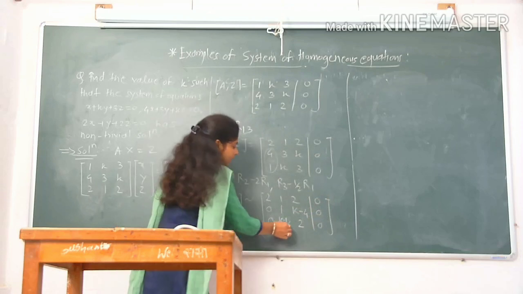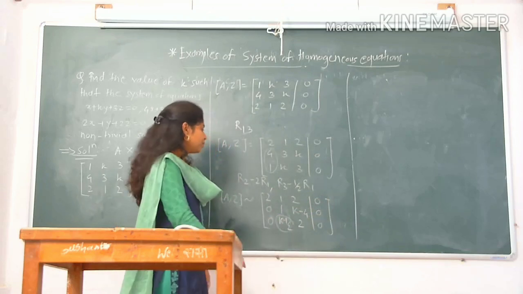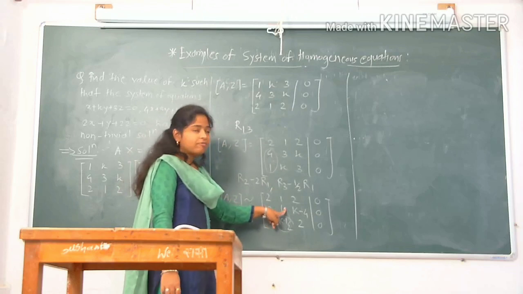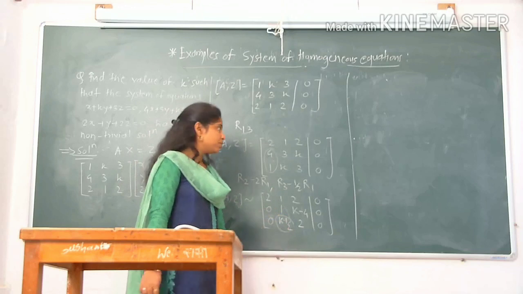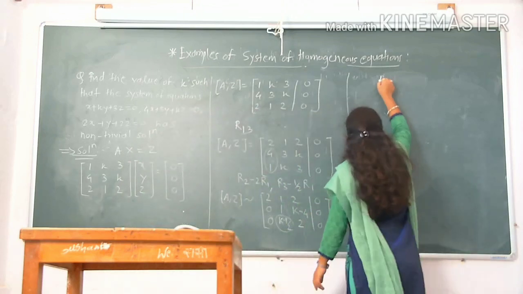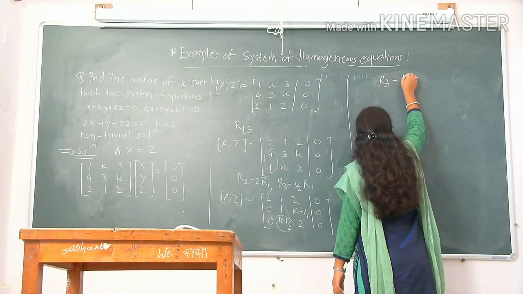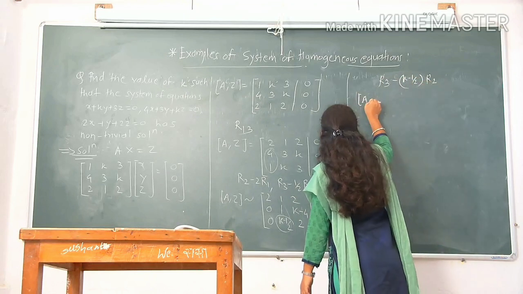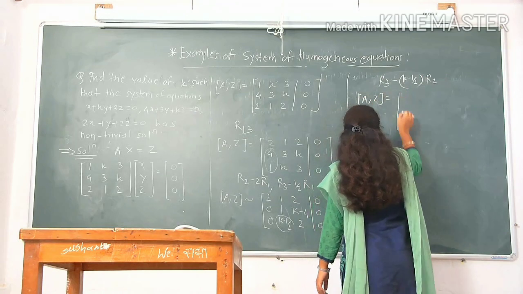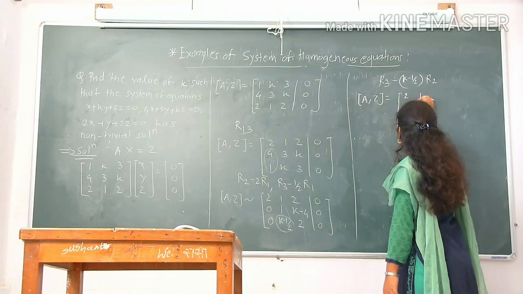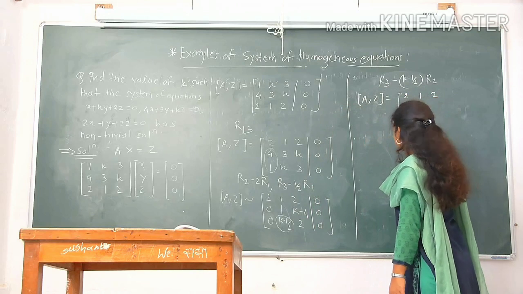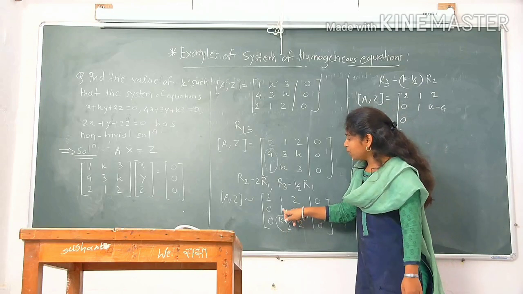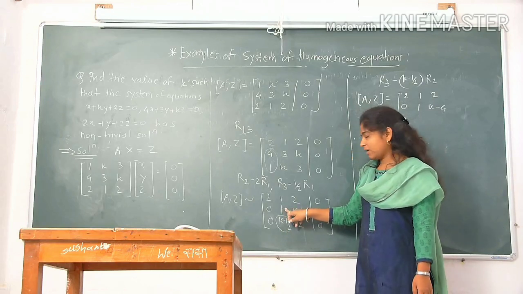Now we have to make these elements 0. So by performing R3 minus k minus half R2, we can get these elements to be 0. The augmented matrix AZ is equal to: first row as it is, 0, k minus 1 by 2 into 1 is k minus 1 by 2.